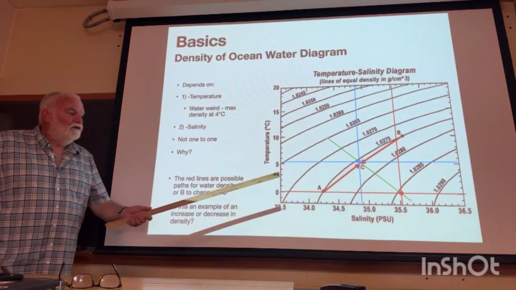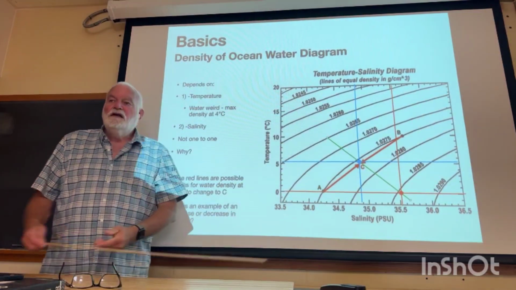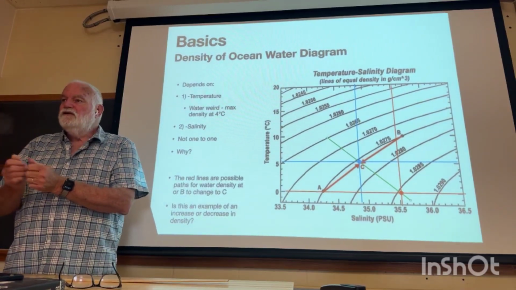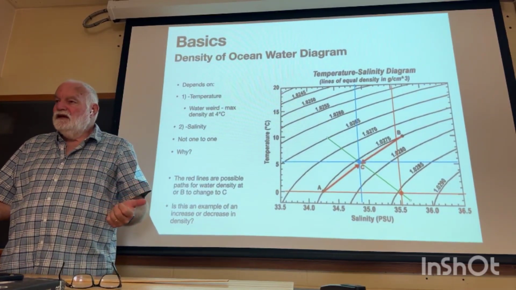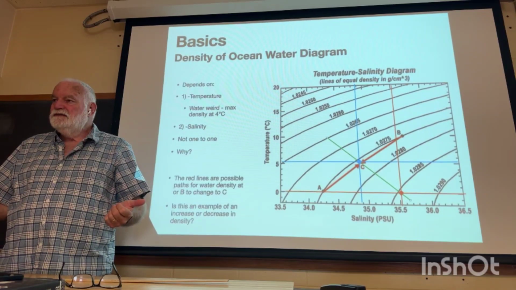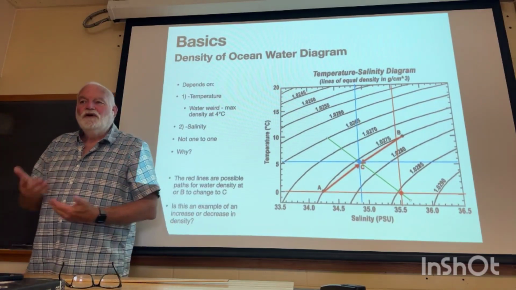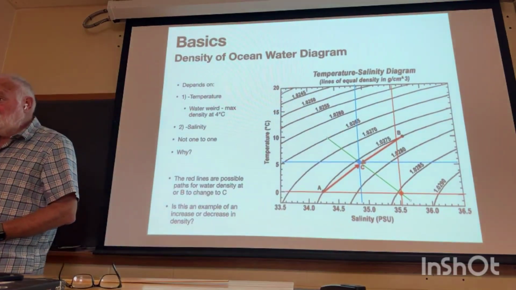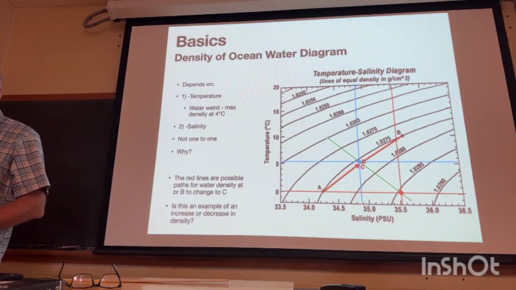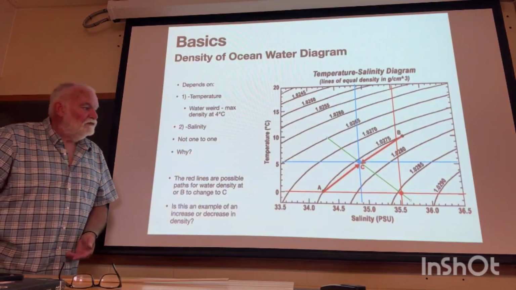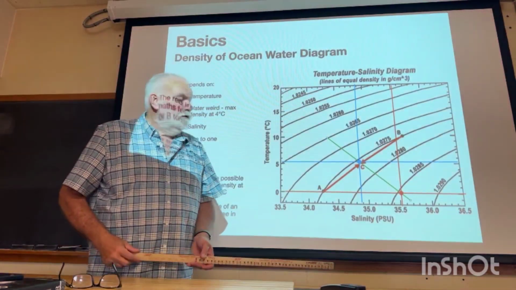It turns out water is bizarre in the sense that when it gets colder than 4 degrees, because it's starting to get ready to freeze, it starts getting less dense again. Ice floats. So liquid water is one of those strange materials where the solid phase floats on the liquid phase, less dense. And that has actually a lot of implications, particularly about sea ice.